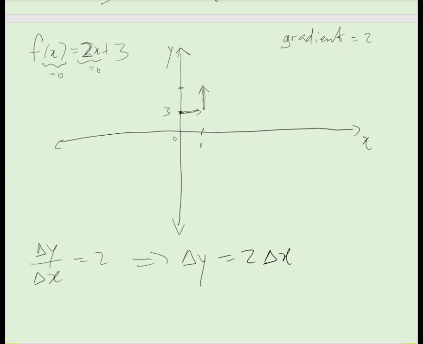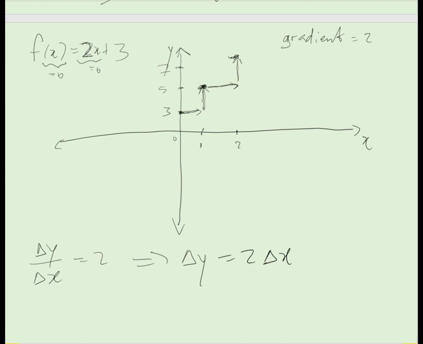So we must go here to 5, and we'll draw a dot there. Then if we move another 1 unit in the x direction, we must move 2 units in the y direction, and that's where our next point will be.